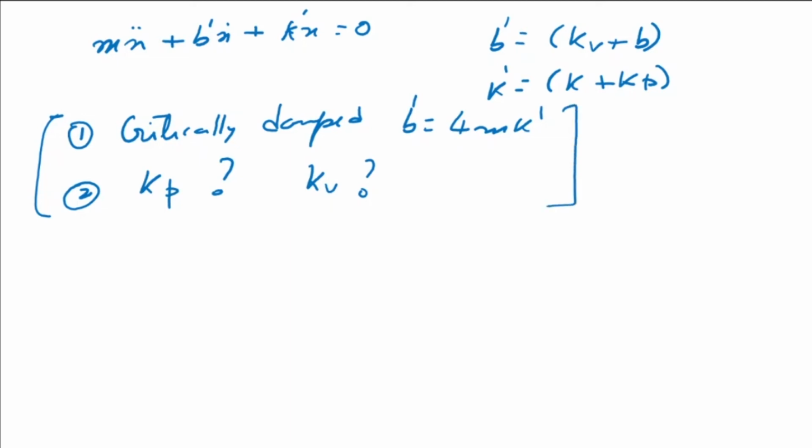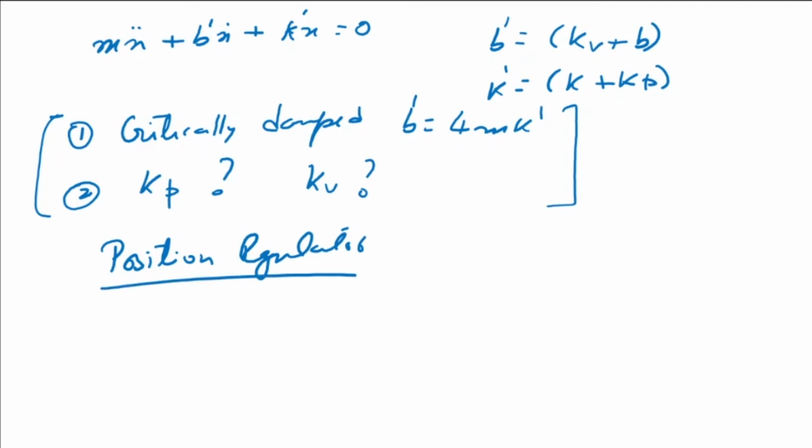Now this is essentially a position regulator. What a position regulator does is it maintains the position irrespective of a disturbance. So if the block is at some position and we disturb it, it will try to keep it at that position irrespective of the disturbance. This is basically called a position regulator. It doesn't track any trajectory.